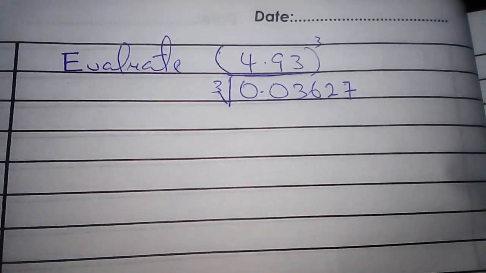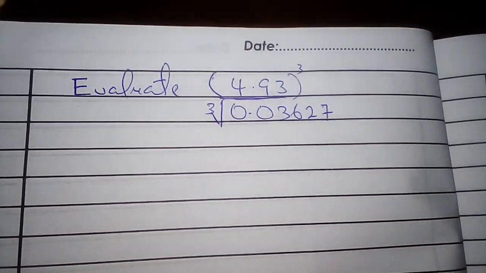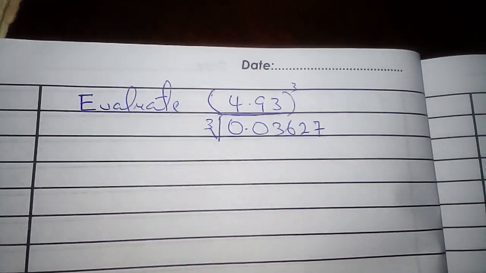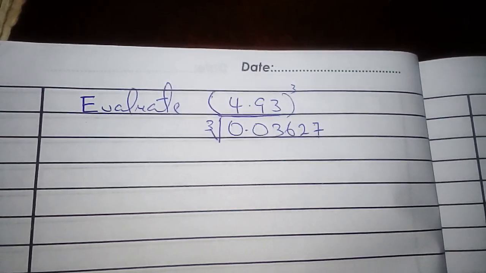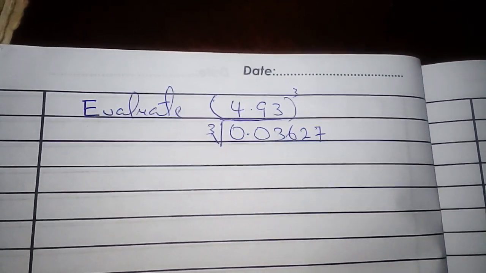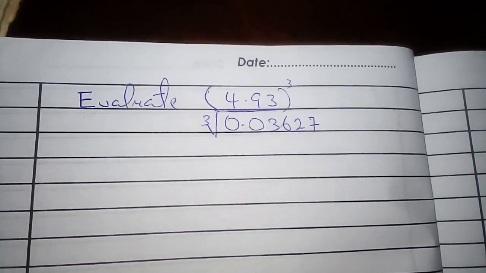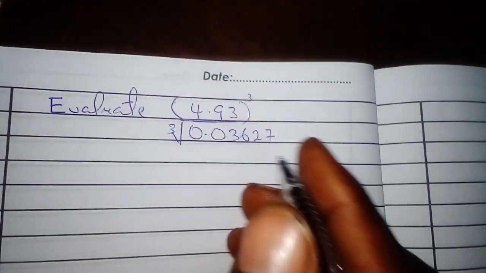Alright, let's go down to the business. The question says: evaluate (4.93)^3 over the cube root of 0.03627. It's very simple.